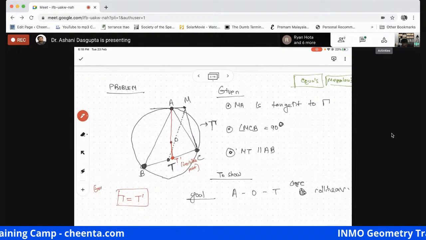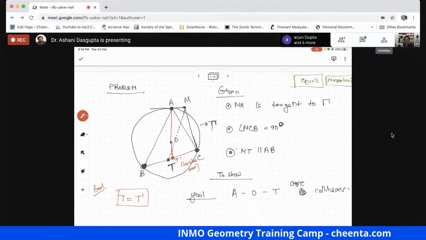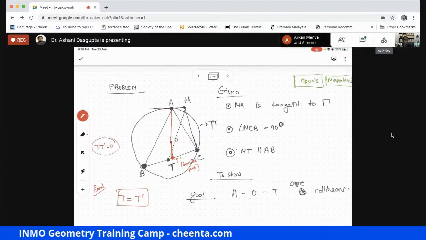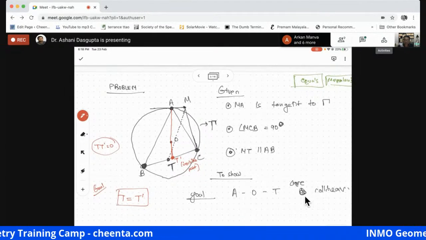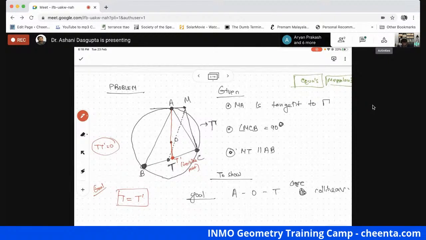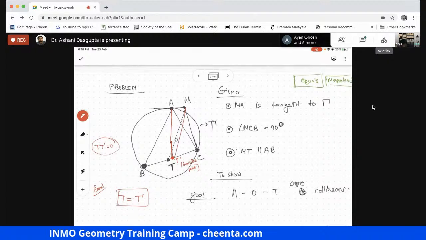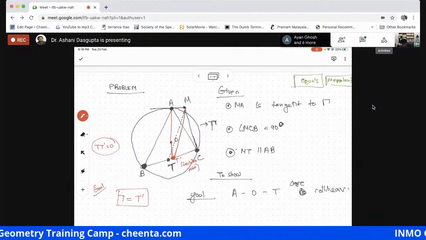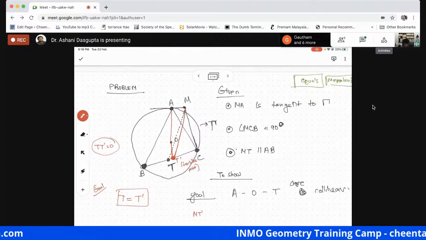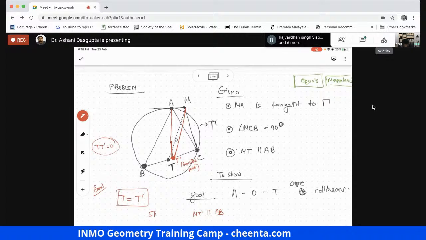If I can show that T is equal to T prime, then my job would be done, right? Or the length TT prime is 0. That is, sometimes we can say it like that. So how are you going to show that? Okay, what you do is you join MT prime, and show that MT prime is parallel to AB. This is the strategy.